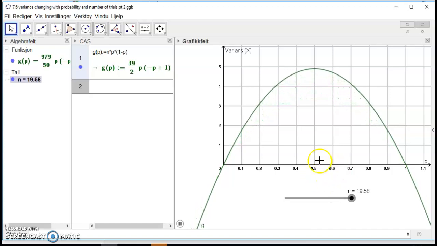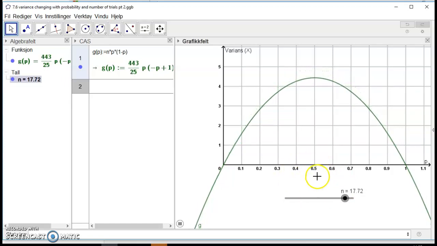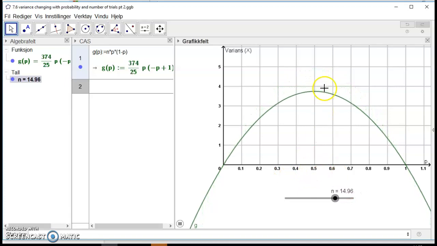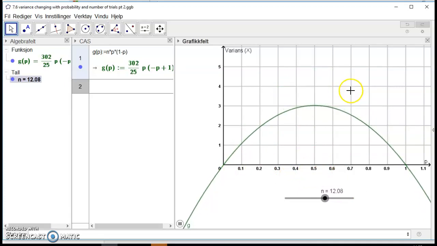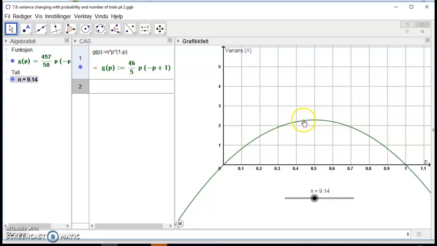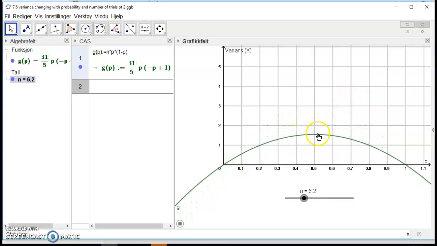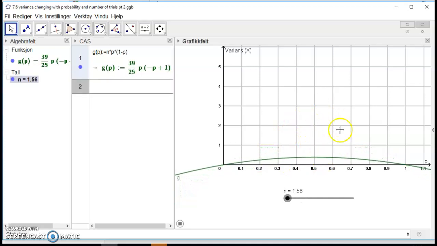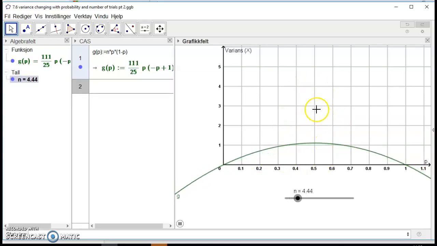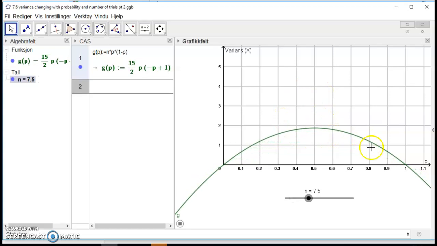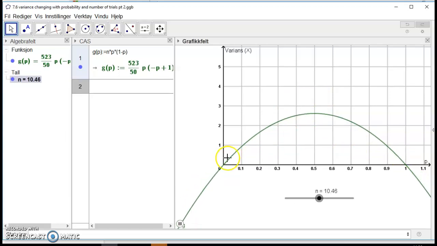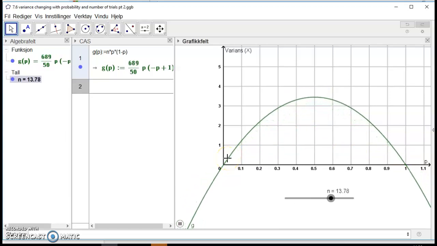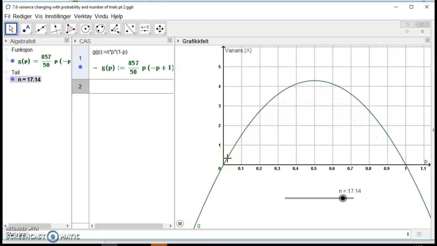So as the number of trials increases, variance increases steadily. As the probability increases, well, when we get close to 50%, we have a large variance. And when we approach 1 or 0 probability, the variance drops off and becomes small.